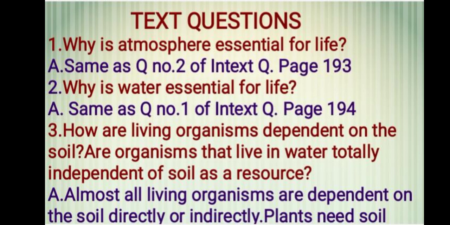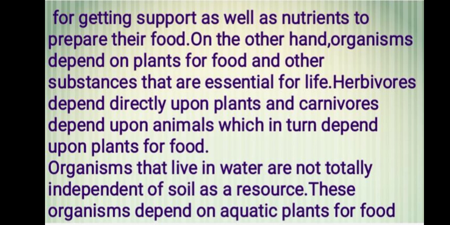Plants need soil for getting support as well as nutrients to prepare their food. On the other hand, organisms depend on plants for food and other substances that are essential for life. Herbivores depend directly upon plants and carnivores depend upon animals, which in turn depend upon plants for food.